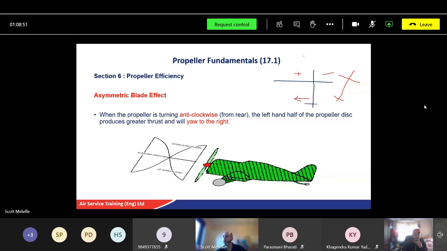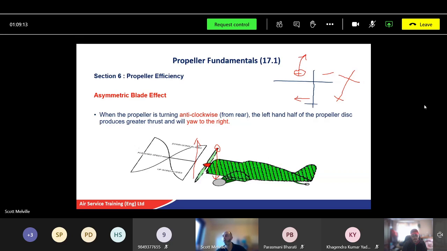This is going to try and pull the aircraft in that direction. So we're yawing to the right-hand side because this propeller here has more angle of attack as it goes down than this one going up. So more power this side, more thrust.